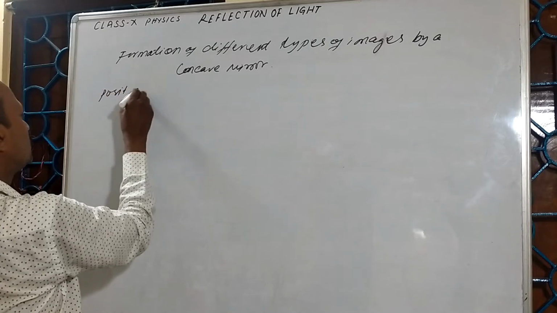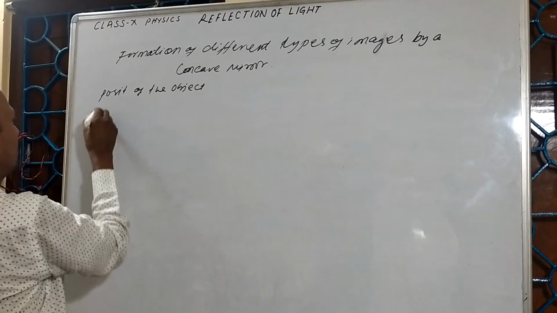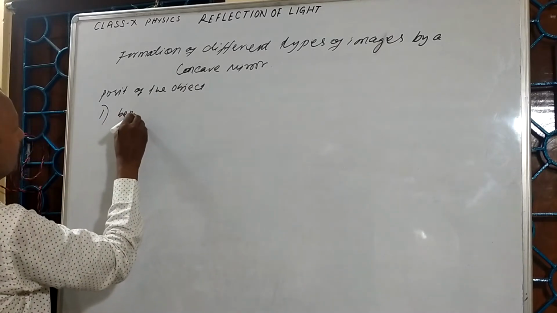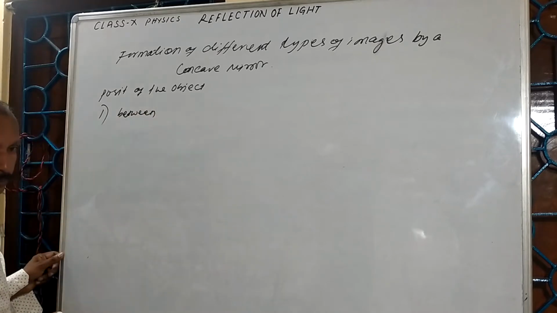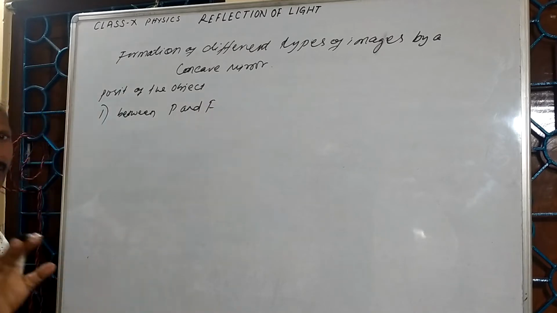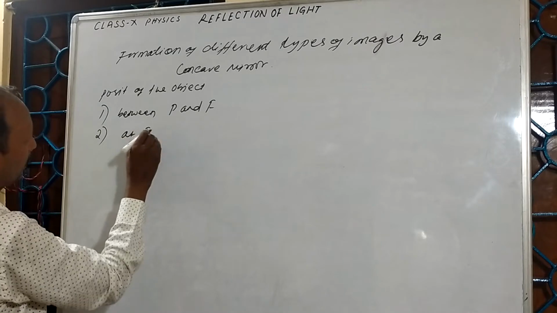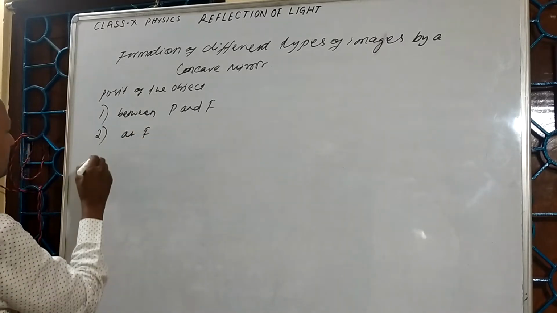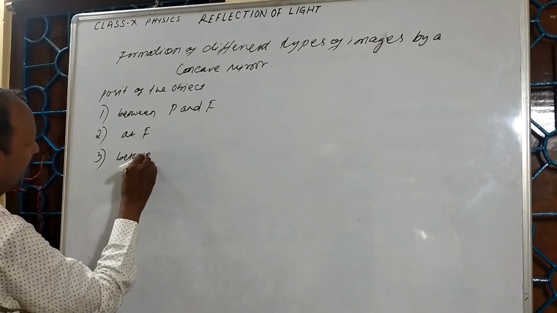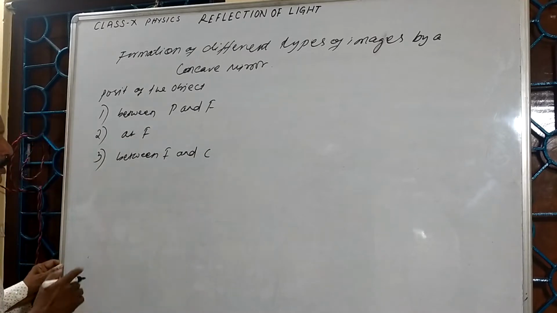So, the position of the object may be between P and F, pole and focus. It may be at F, at focus. It may be between F and C, focus and center of curvature.